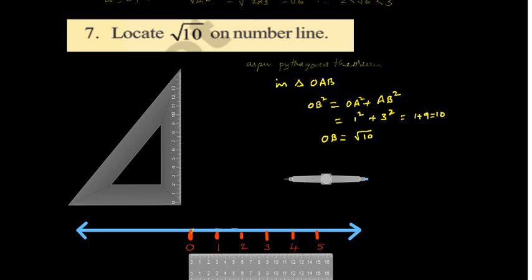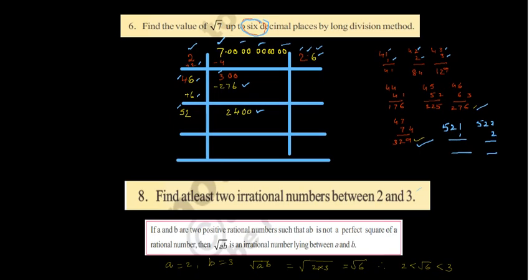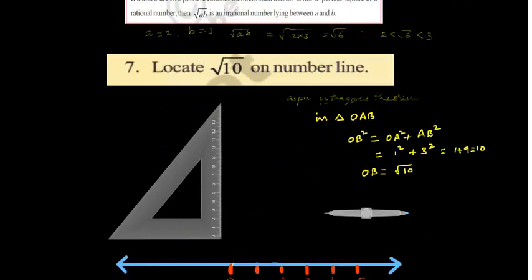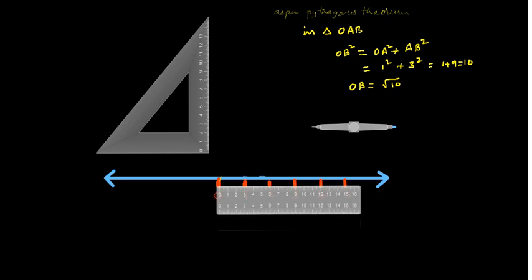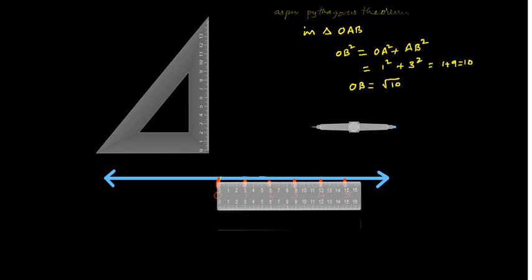Now you draw a right angle triangle on the number line like this. You take a scale first and you put it on the number line like this.